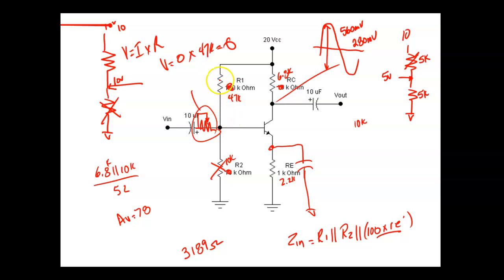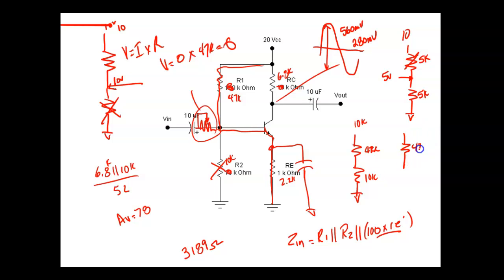But what we have is a forward biased PN junction. So our voltage divider went from this, which was 47K and 10K, to this.